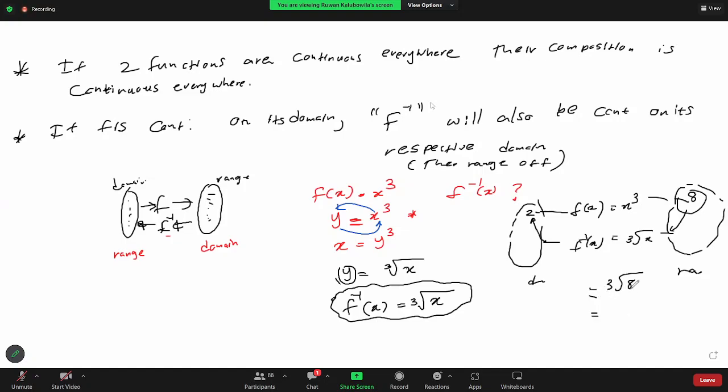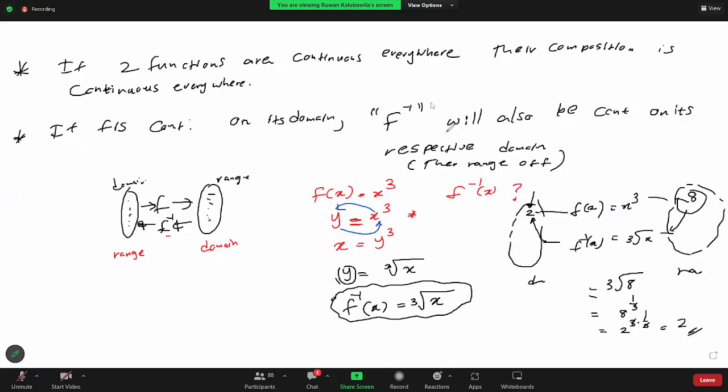The original way of writing the cube root is 2 to the power 3 times here. Then the answer is 2. You come back to the initial value. This is the idea of the inverse function.